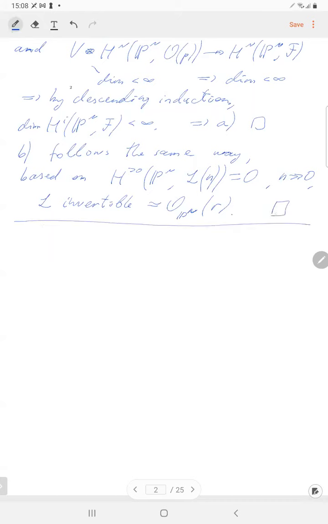And one thing it allows us to do is to define the Euler characteristic, as we did for curves.